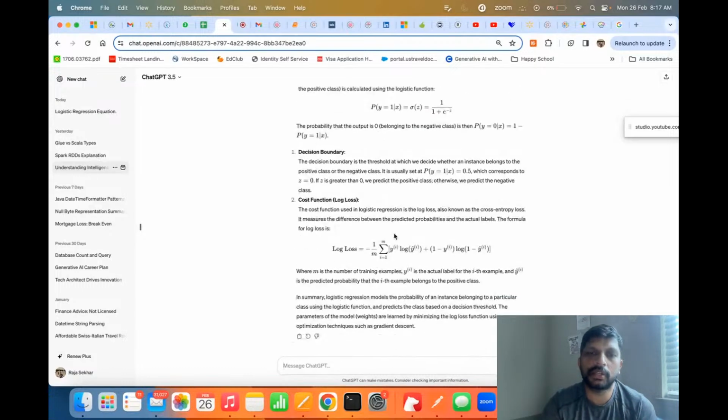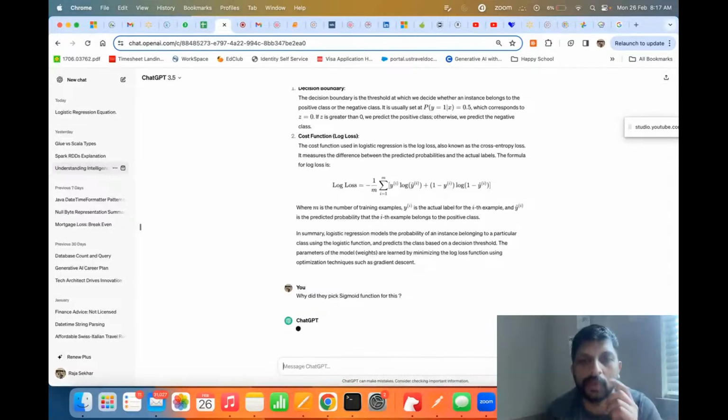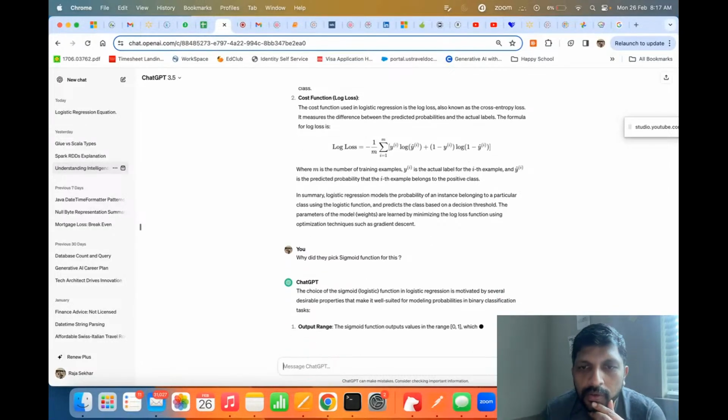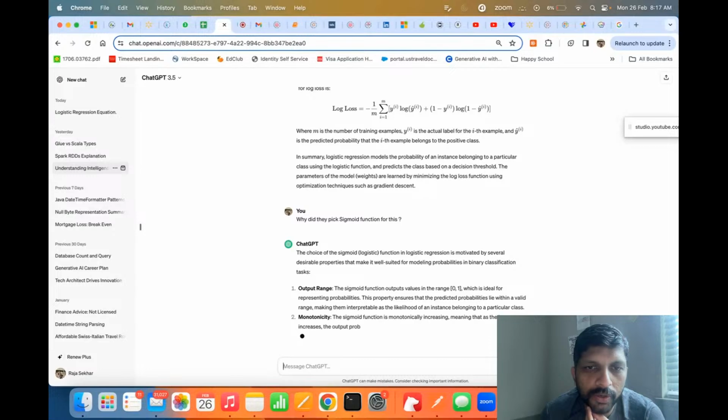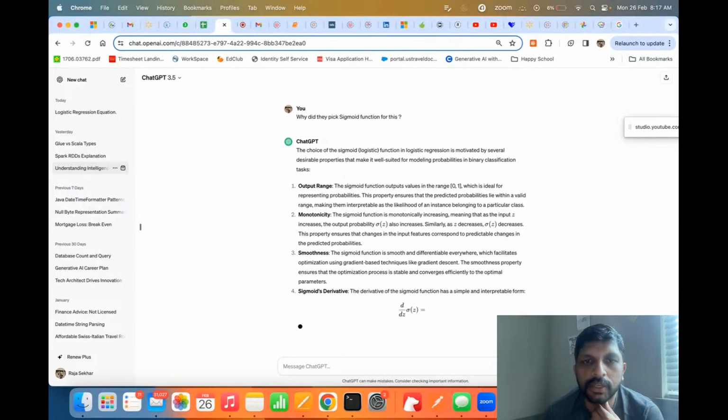Okay, let's ask actually, why did they pick sigmoid? The sigmoid function in logistic regression is motivated by several desirable properties. One is the output range.